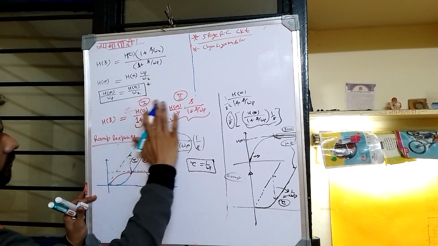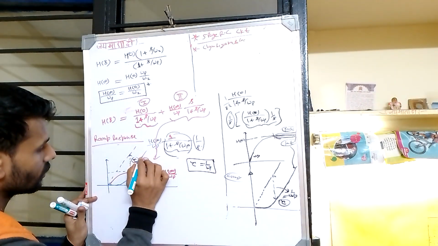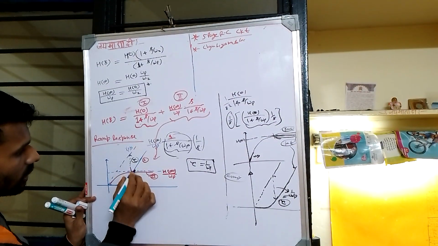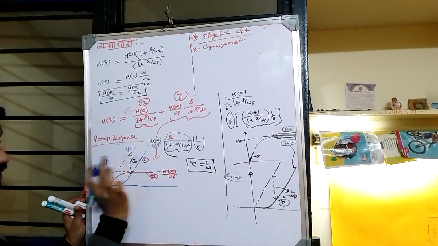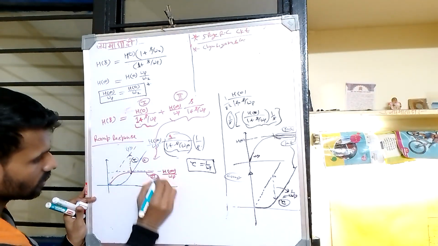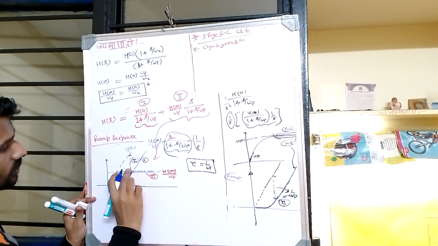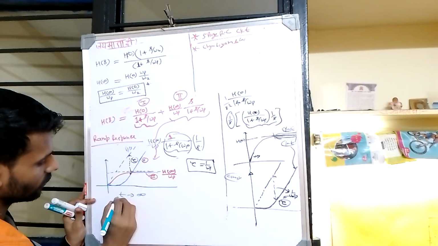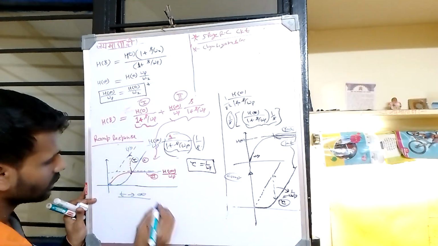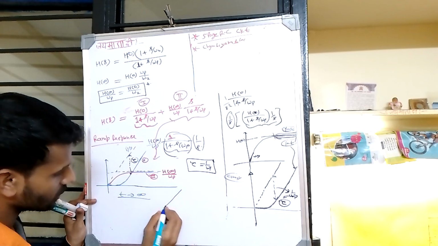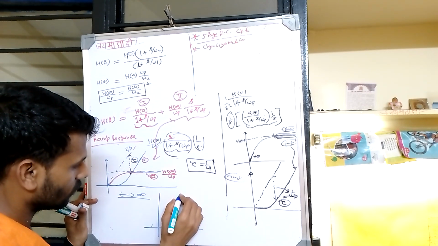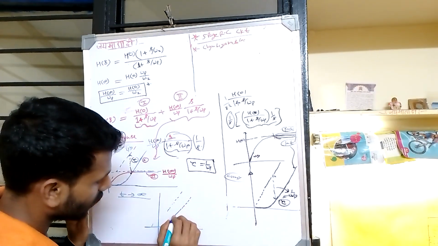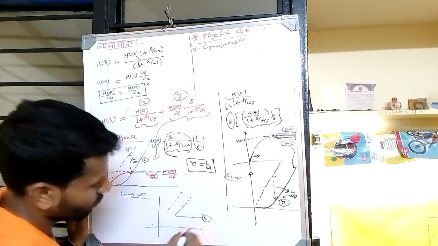So for the final value, what was the difference between the input and the first response? Tau. And after that, if you add this, this is the final value for the second. If your t tends to infinity, means t very large, my input looks like this, and my first looks like this, and I want to add this constant value.